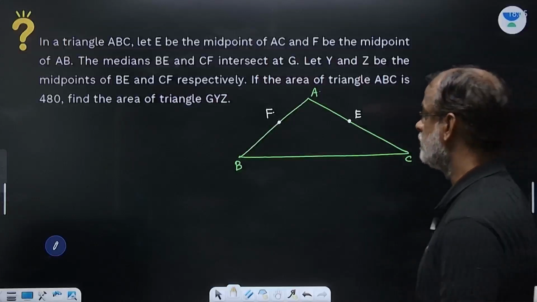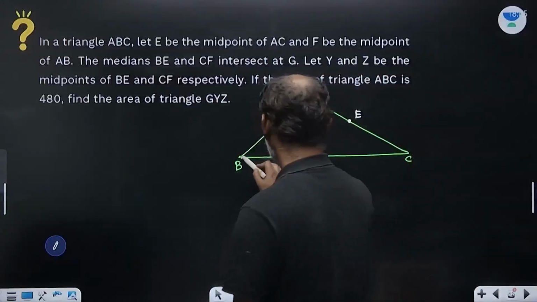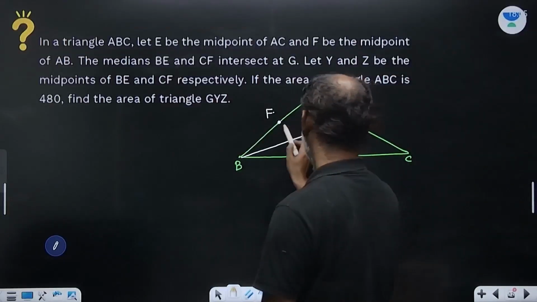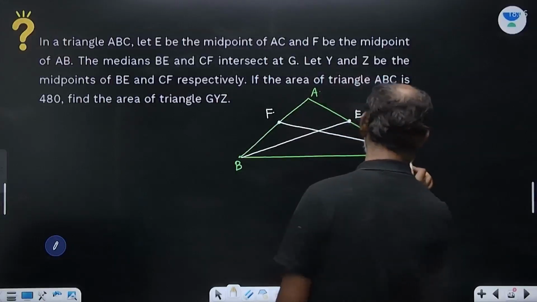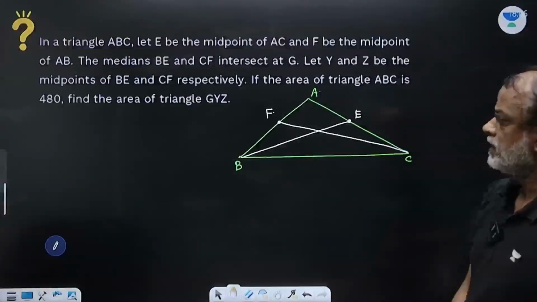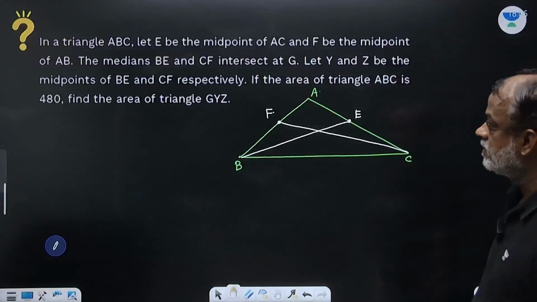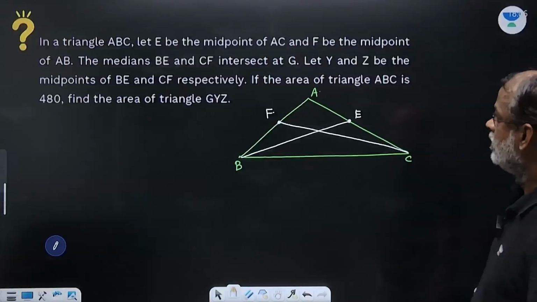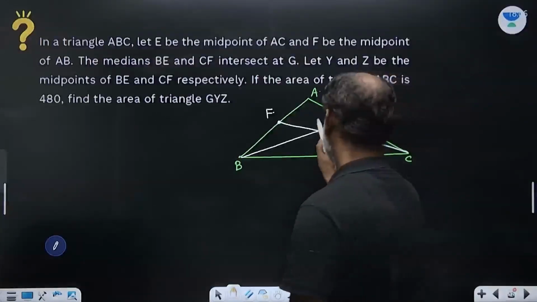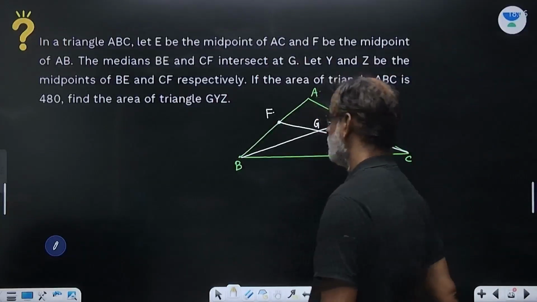The medians BE and CF intersect at G. So this is what we say is centroid.